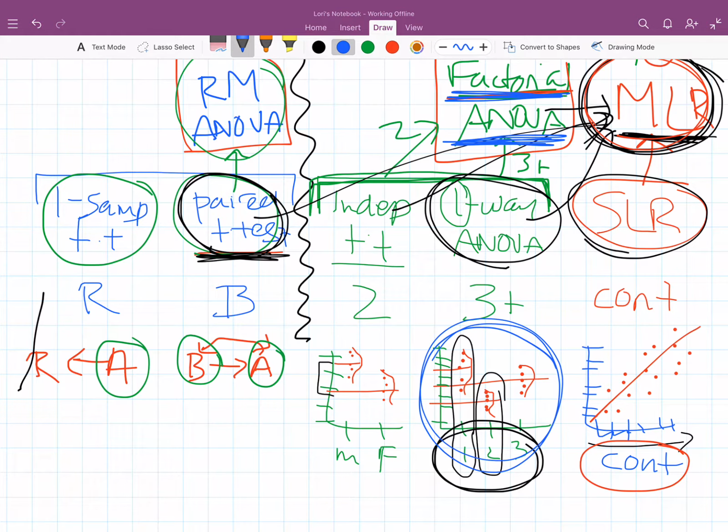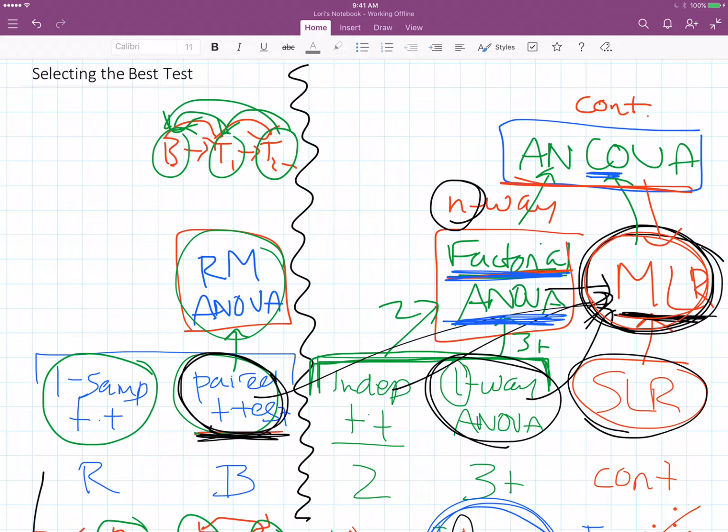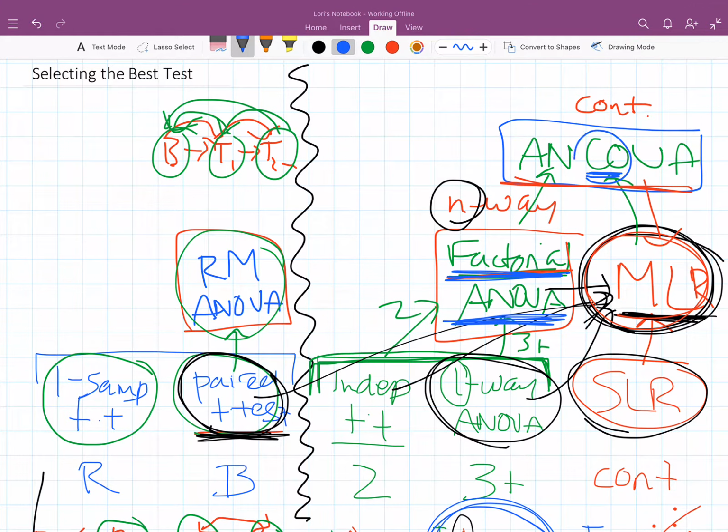But then I realize that I need to adjust for a continuous variable. And in order to adjust for that continuous variable now, instead of doing a factorial ANOVA, I have to do what's called an ANCOVA, because that continuous variable is a covariate. Categorical predictors are factors. Continuous predictor variables are covariates.